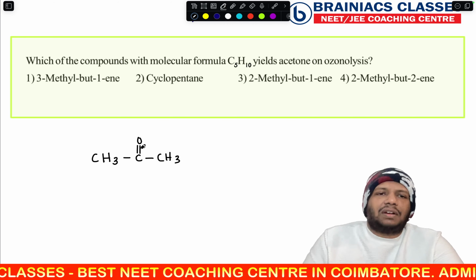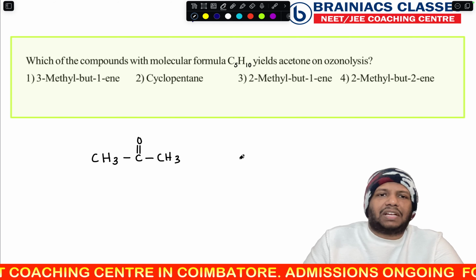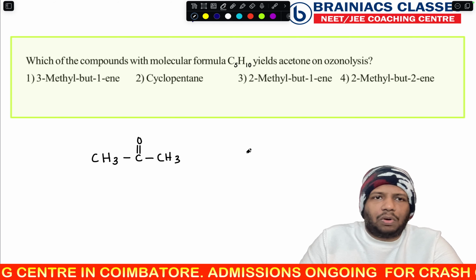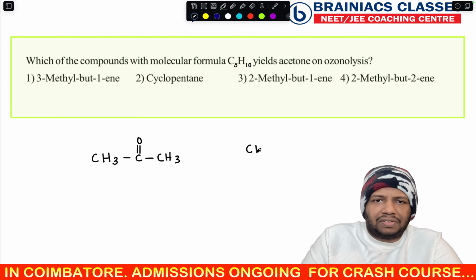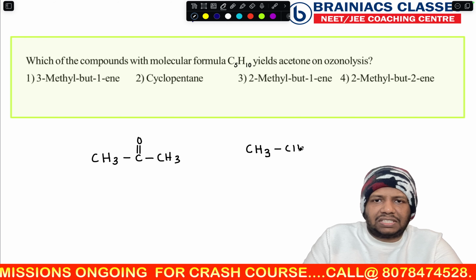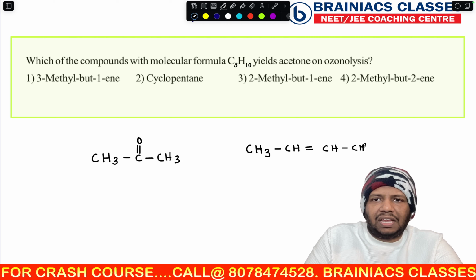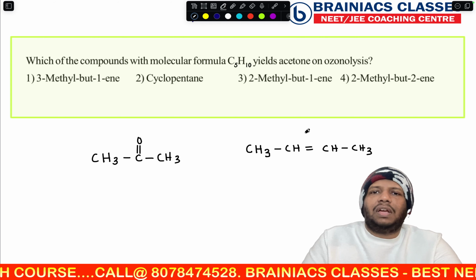Now you know that during ozonolysis this C double bond O is coming. For example, I will show you one simple ozonolysis example. Say you have a compound CH3 CH double bond CH CH3. How will you do ozonolysis for this one? Very simple.